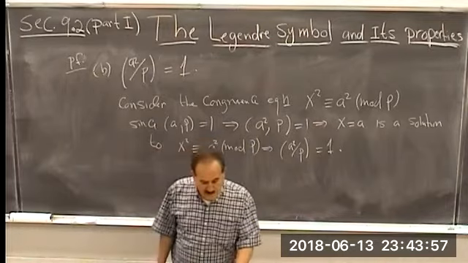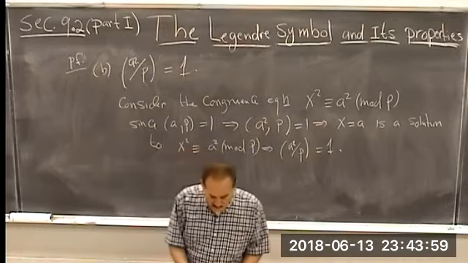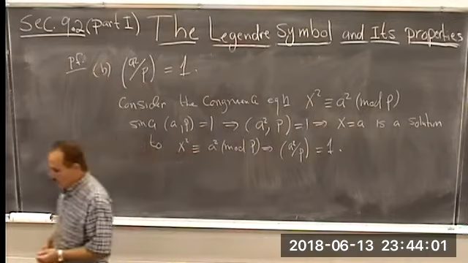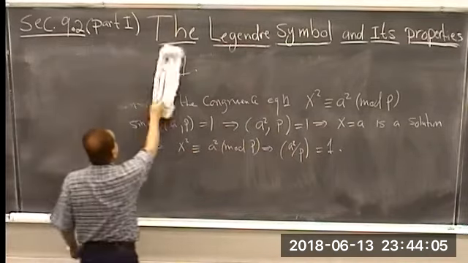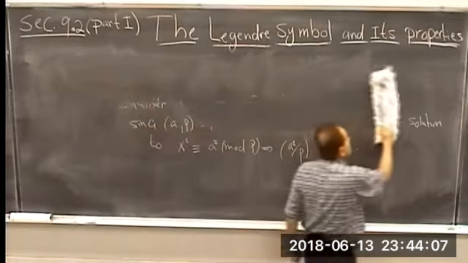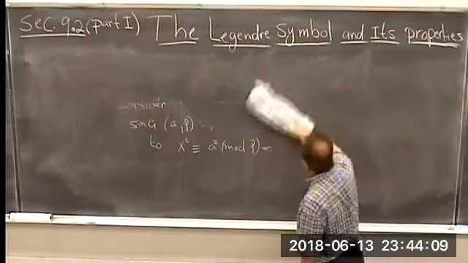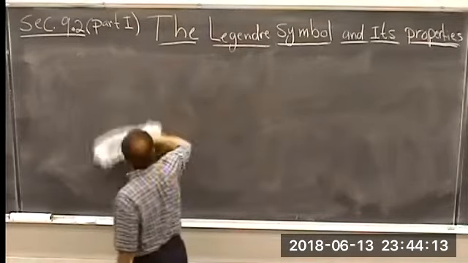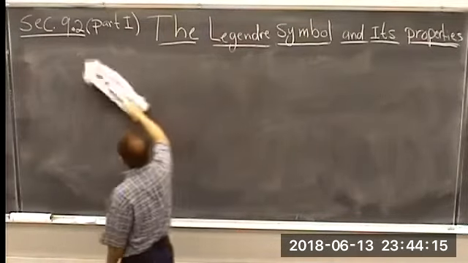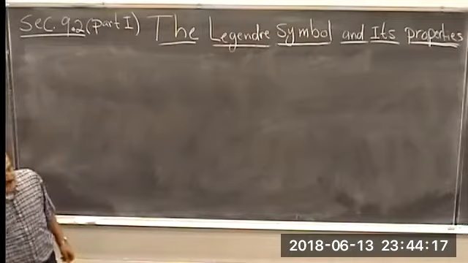All right, let's look at c, where we're going to do Euler's criterion. Basically, we express Euler's criterion in terms of the Legendre symbol.